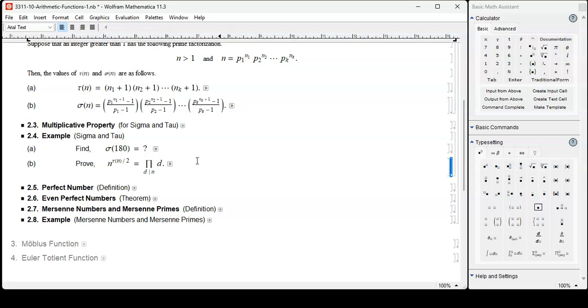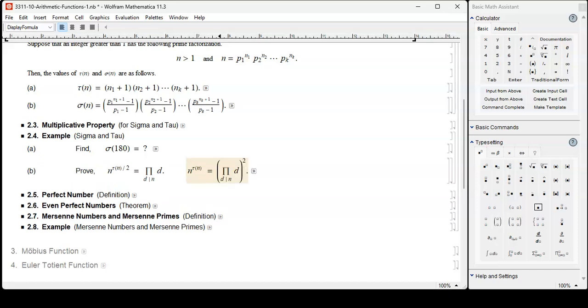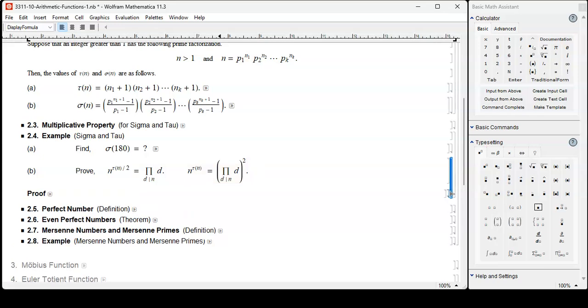How about the next problem here? N of tau n power divided by 2. So if I square both sides, basically this is what you have to prove. What you're going to do here is start from the right hand side and then come up with the left hand side. First, let's make this observation.